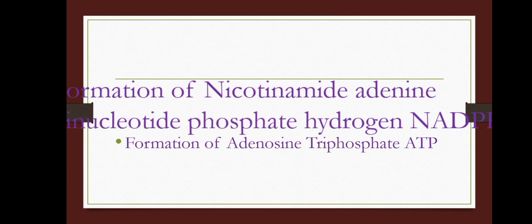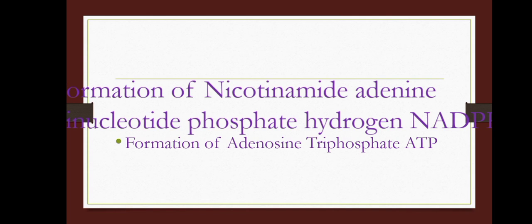All these events take place in the grana. The grana is just like a disc-like structure of the chloroplast. This is the end of the light phase reaction of photosynthesis.